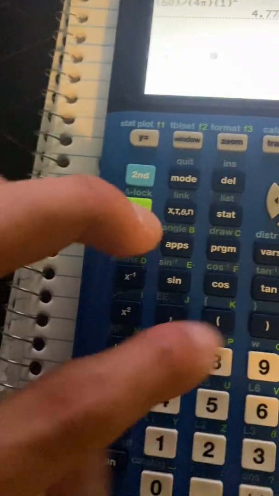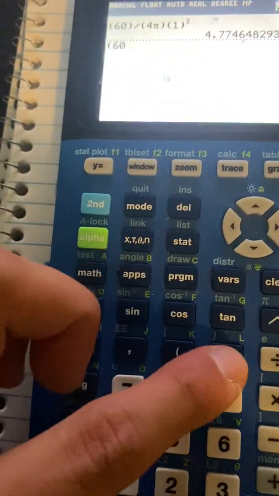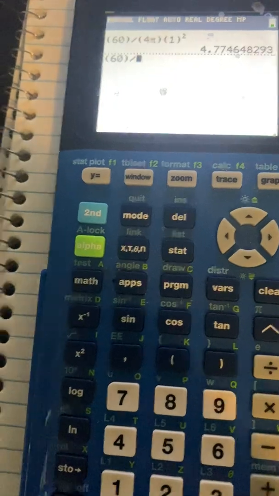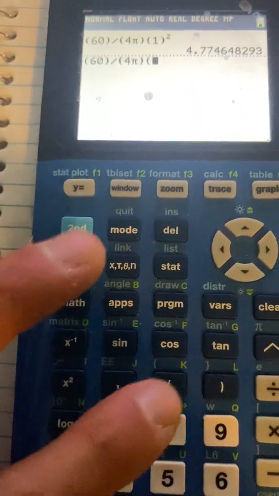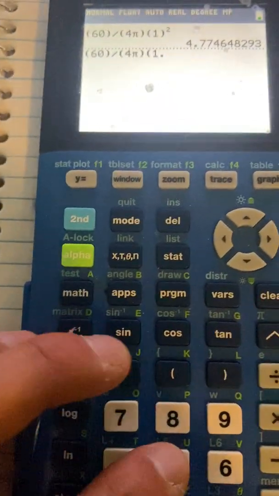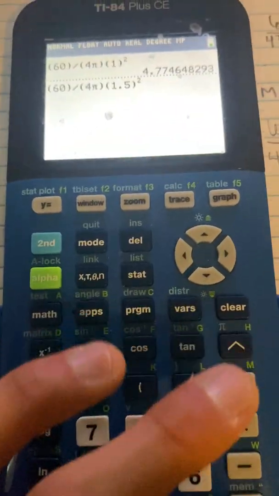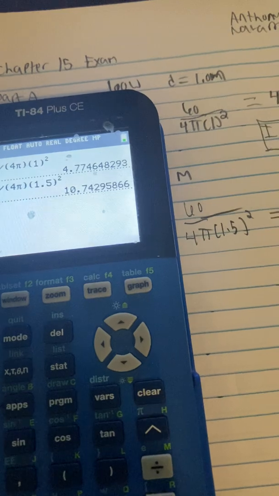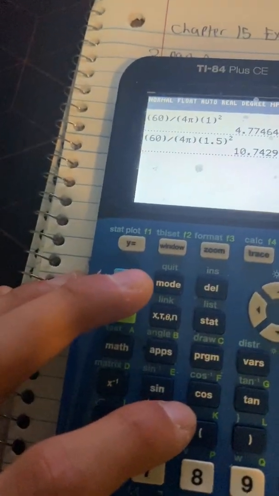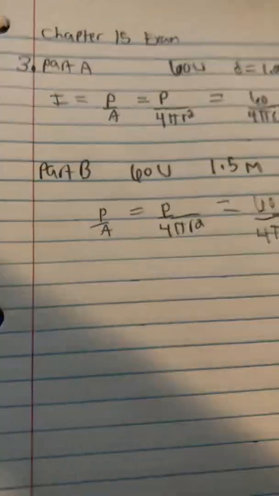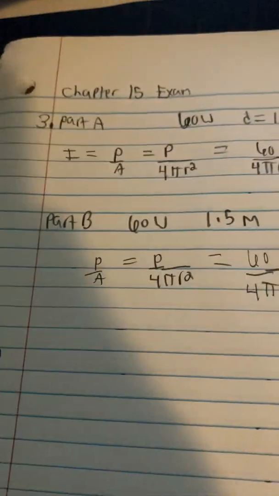Let me calculate that. 60 divided by 4 pi times 1.5 squared. There's something wrong, so let me redo it.